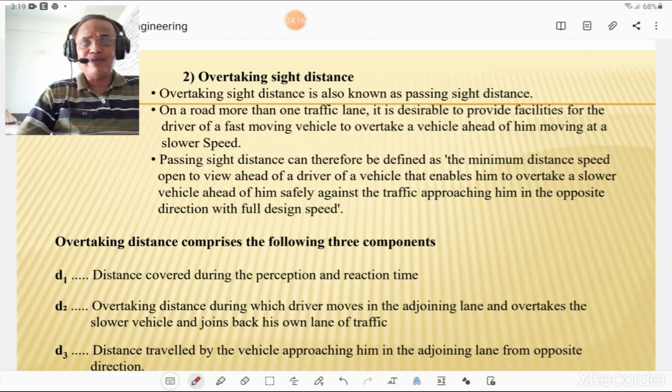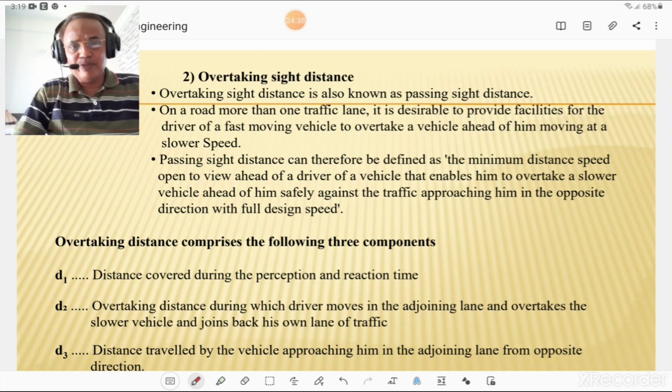Here it is described as two vehicles moving in opposite directions also considered. But if two vehicles are moving in the same direction, then the first lane is used by the slow vehicle, and the second lane by the overtaking vehicle, which, after overtaking, again resumes its position in the second or middle lane.